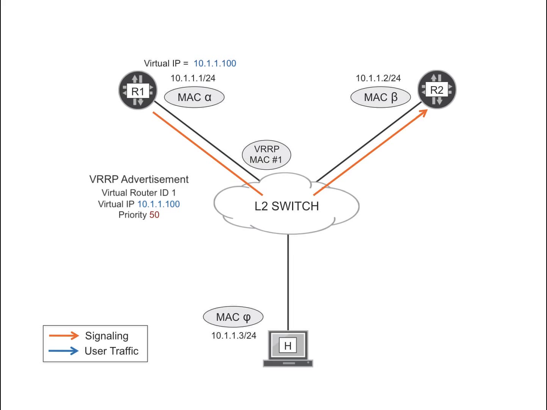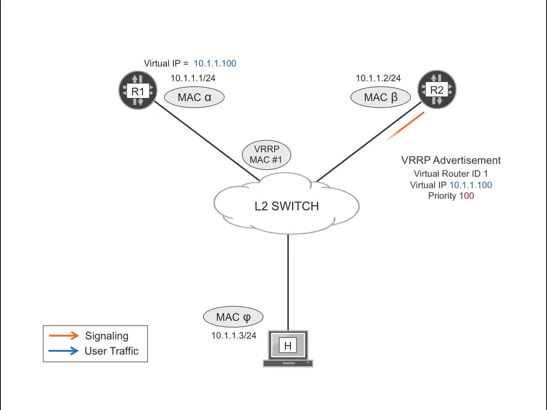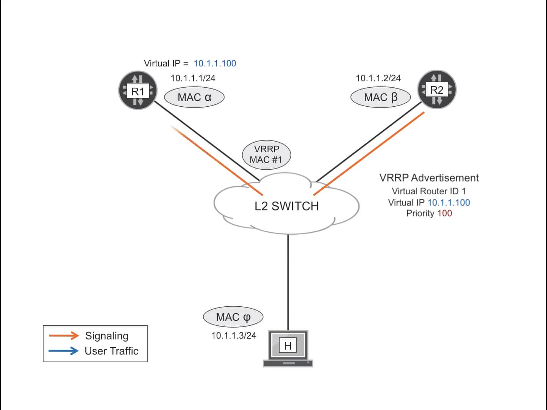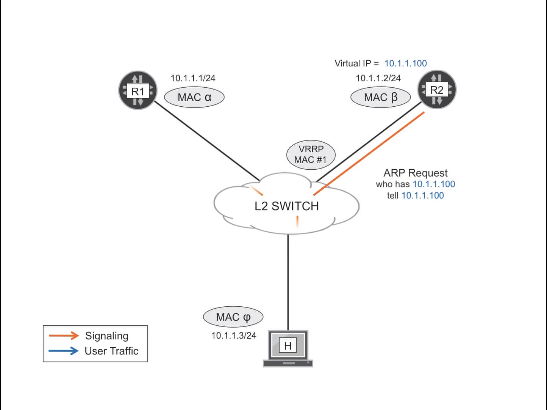So it decides to become the master and starts sending its own VRRP advertisements. As a result, router 1 stops sending them. This effectively moves the virtual IP and MAC ownership to router 2. And router 2 sends a gratuitous ARP sourced from the virtual MAC address.